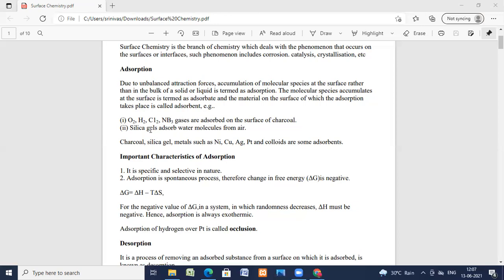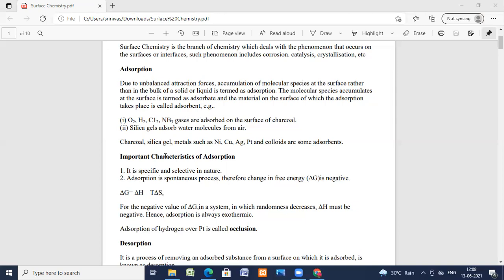See, it doesn't go into the silica gel, it's on the surface. Charcoal, silica gel, metals such as nickel, copper, silver, platinum, and colloids are some of the adsorbents. So wherever the molecule accumulates at the surface is termed the adsorbate, and the material on the surface of which adsorption takes place is called the adsorbent.